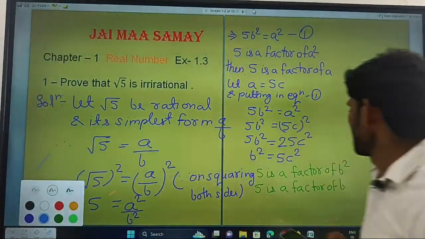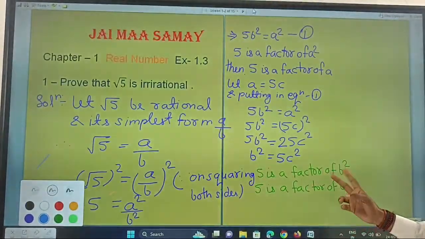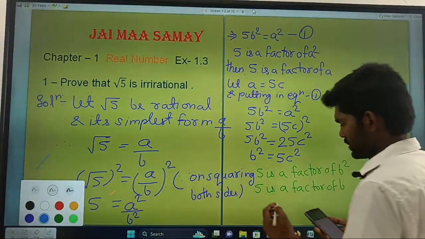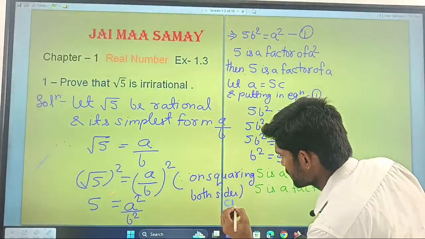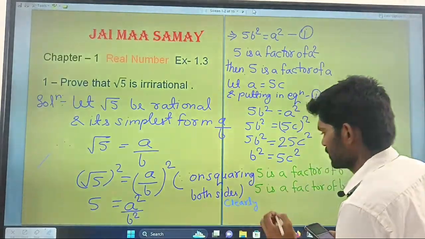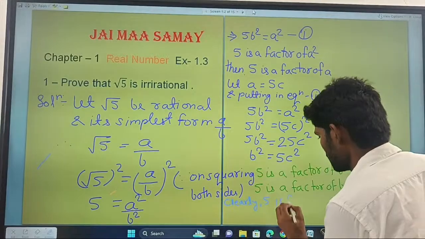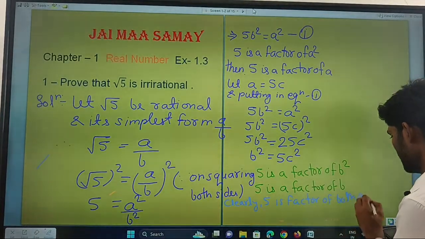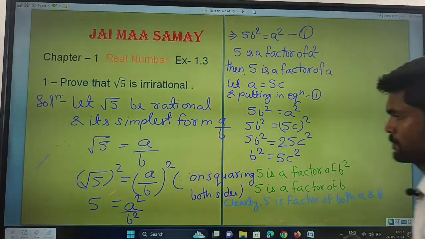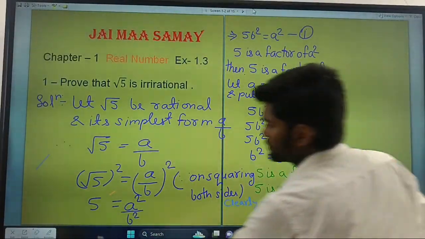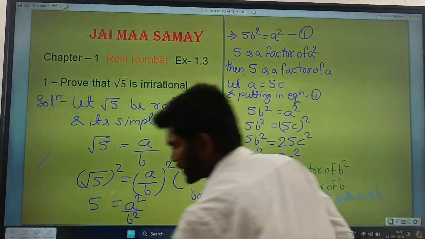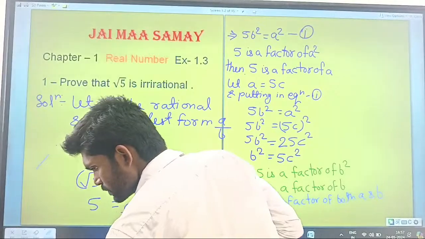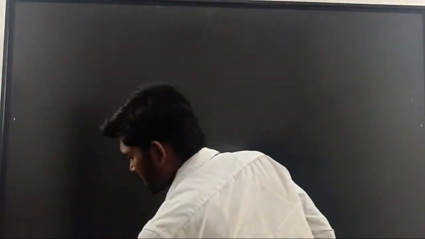Then here, 5 is a common factor of both A and B. At A's place 5 is also written, at B's place 5 is also written. Clearly, 5 is a factor of both A and B.